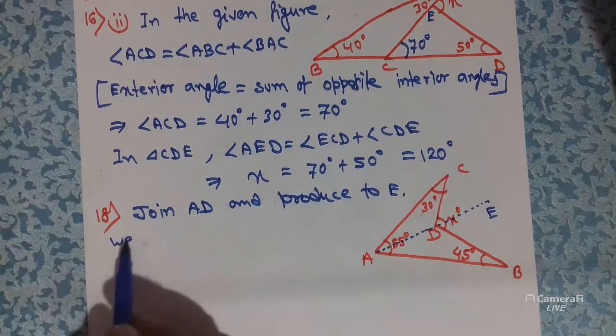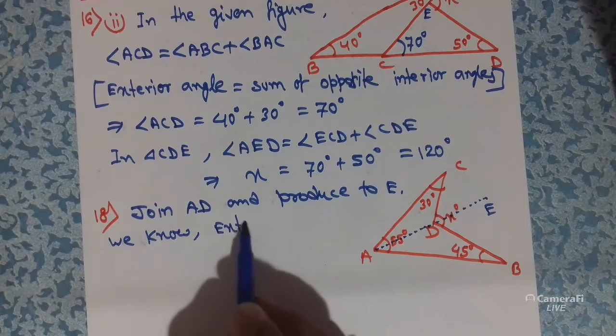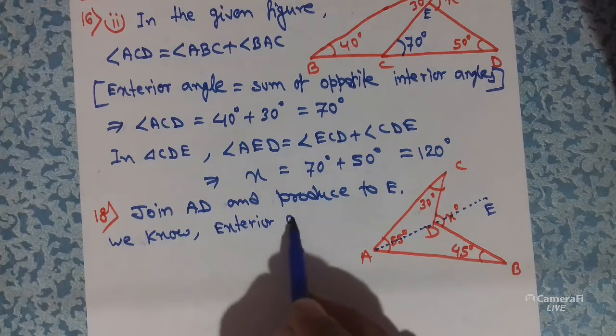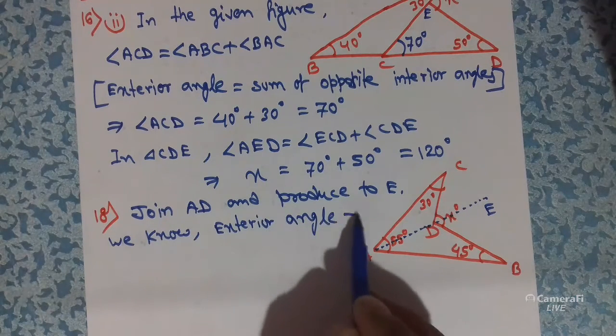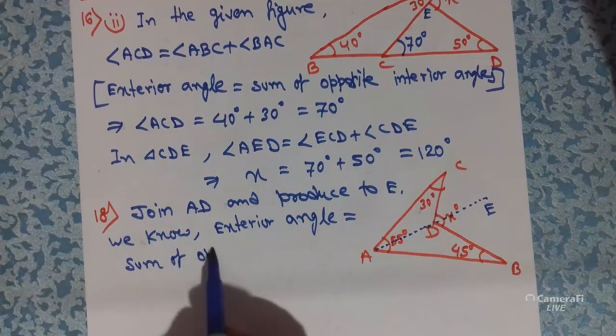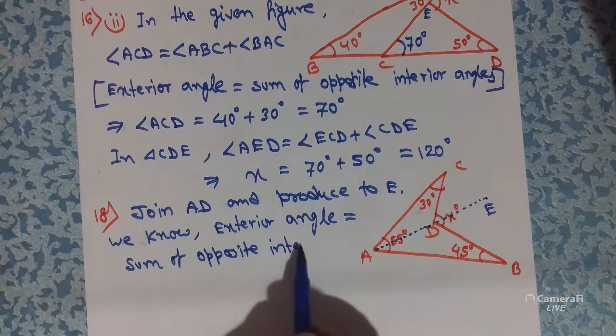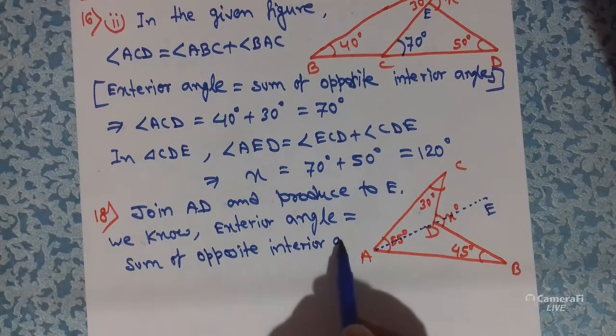So we know the exterior angle is equal to the sum of the opposite interior angles.